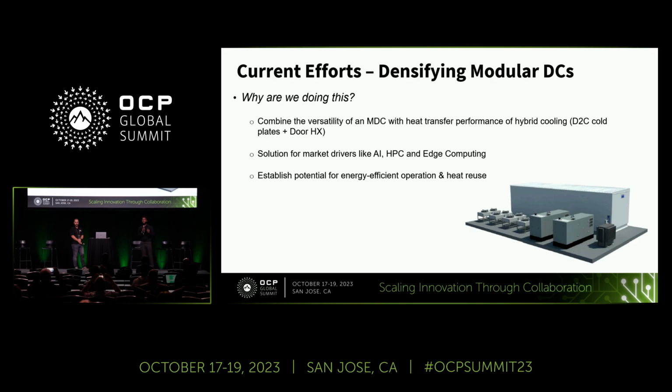And if you can get up to 500 kilowatts of performance out wherever you want to put a modular data center, that has applications for the market in AI, in edge, HPC. So that is a solution for that segment of the market. And with the versatility of the modular data center, you can now look at more options for heat reuse because of the form factor and where you can place it.